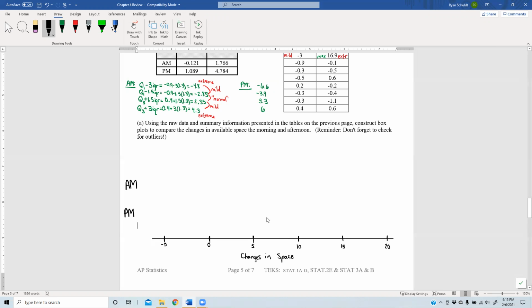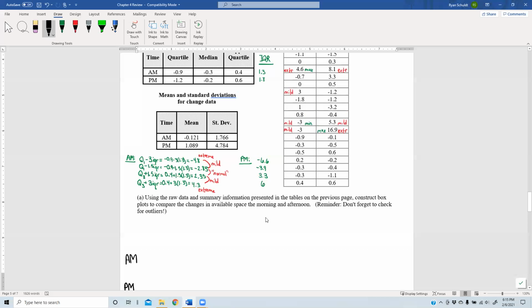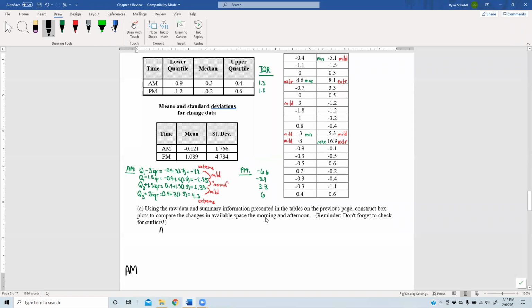So before we even graph that, let's do a quick 5-number summary. That way I can kind of know what I'm doing. So for AM, my min will be -3. So min, Q1, median, Q3, and max.